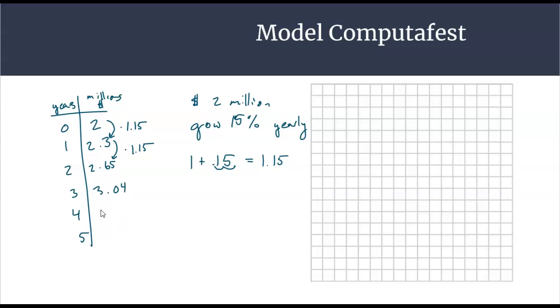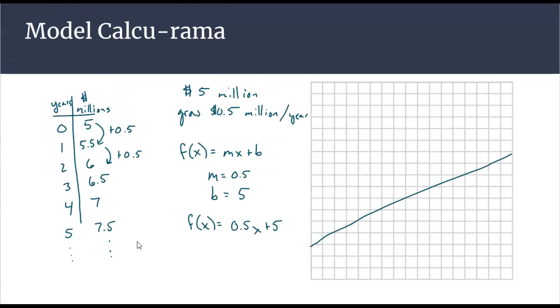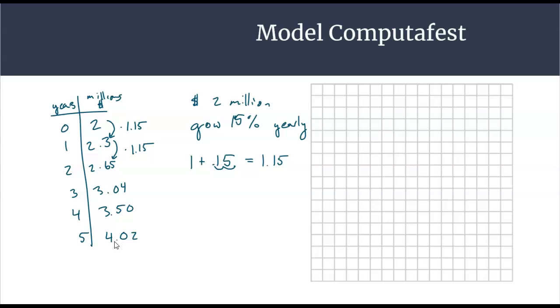Multiply again, I get 3.50. And one more time, I get 4.02 when I round. So you can see now at year 5, we're at $4 million. If we compare that to Calcu-rama, year 5 we had $7.5 million versus $4 million. So Calcu-rama at 5 years is definitely bigger than Computafest.